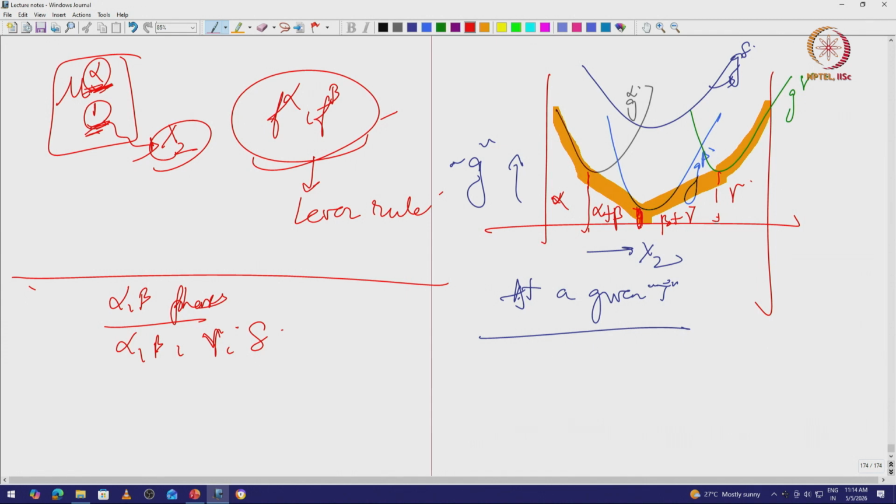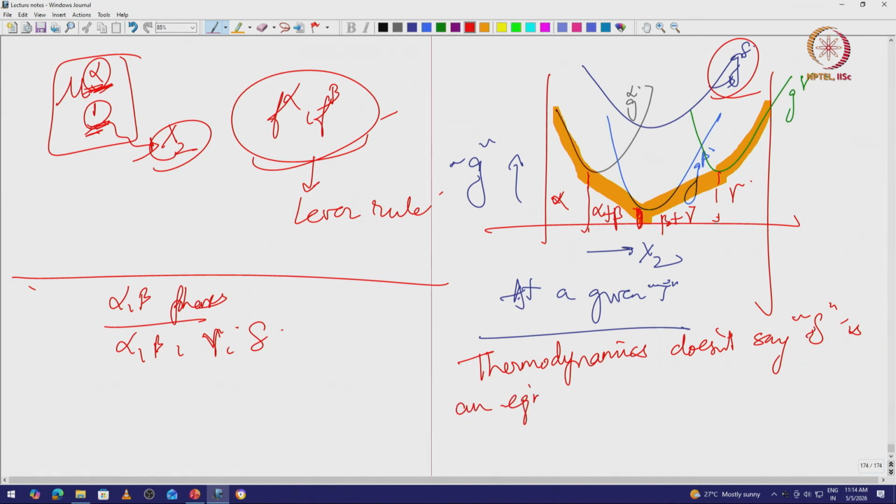I had 4 phases, right. So, I had delta also. So, what is happening to delta? Now, thermodynamics does not care about delta, does not say delta is an equilibrium phase or delta wins at any composition, right.